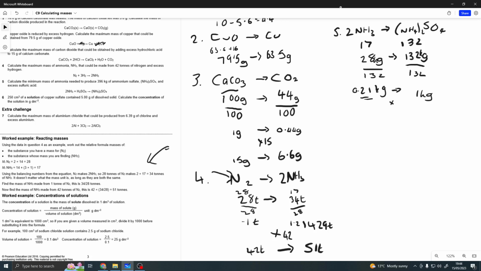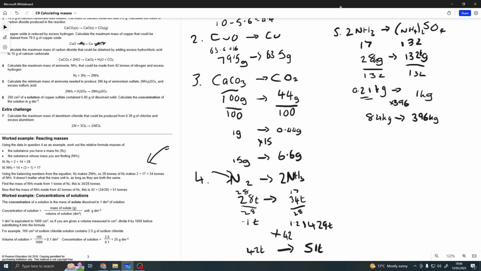So I'm going to times them both by 396. And that will tell us that to make 396 kilograms of ammonium sulfate, I need basically, again, let's round up, 84 kilograms of ammonia. Okay, doing well so far, guys.